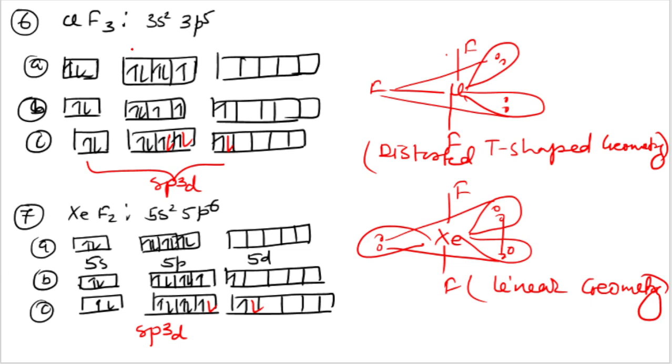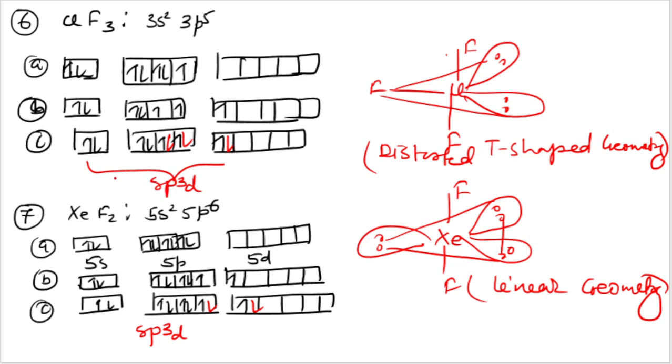Similarly for ClF3, the configuration is this, and in the last orbital there is one unpaired electron, so we need three bond formations. So three unpaired electrons are required. So this one goes to the d orbitals. So there are three bond pairs and two lone pairs of electrons.